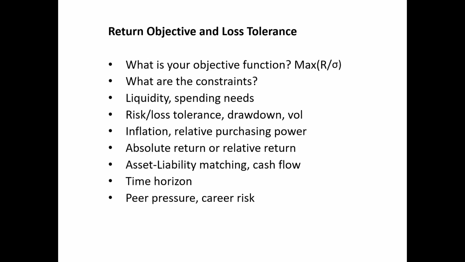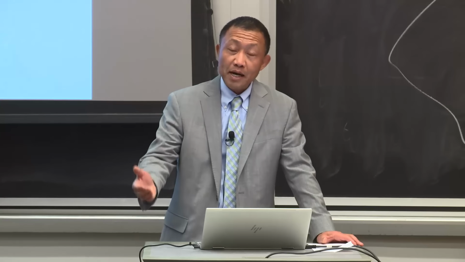So for many asset owners, inflation is also an important concern because wealth represents relative purchasing power. How much wealth you have is not really just the dollar amount you have in your bank account, it's how much you can buy, right? So when the price of goods and services are going up, your purchasing power is going down.